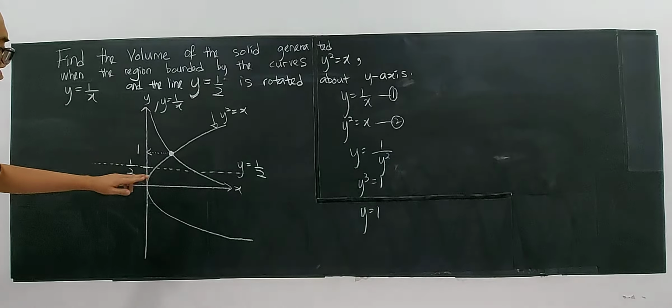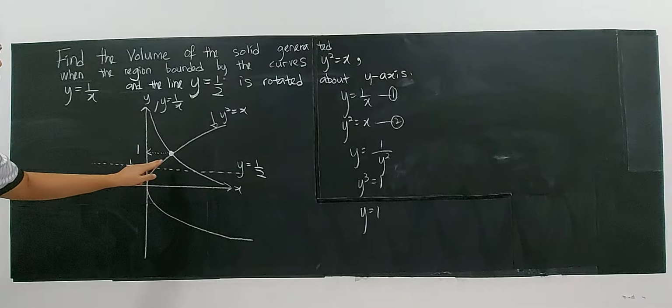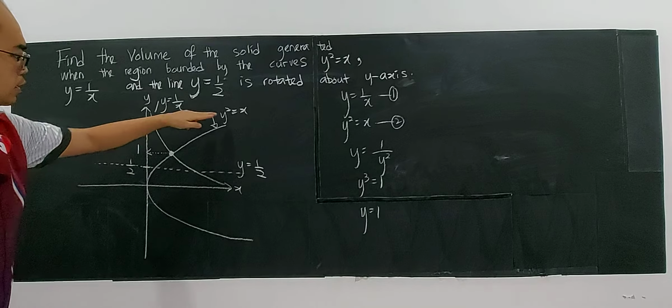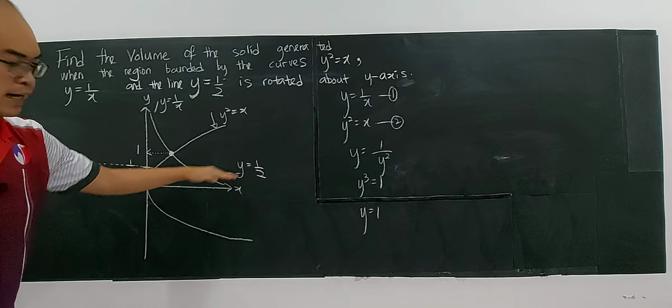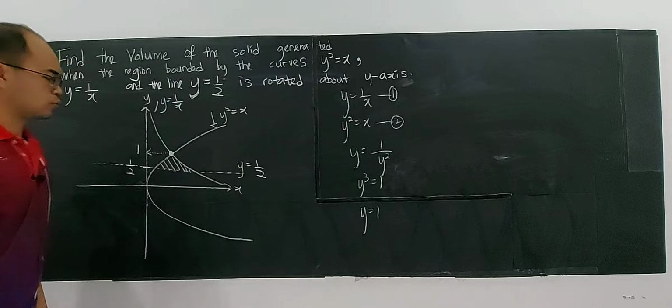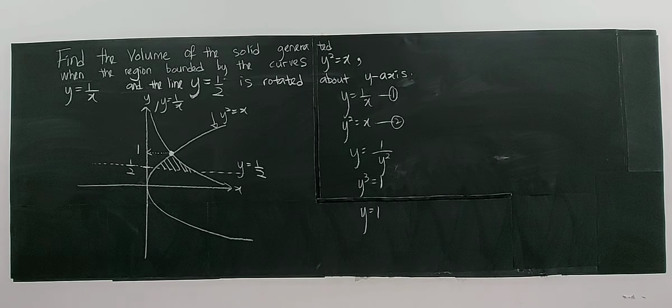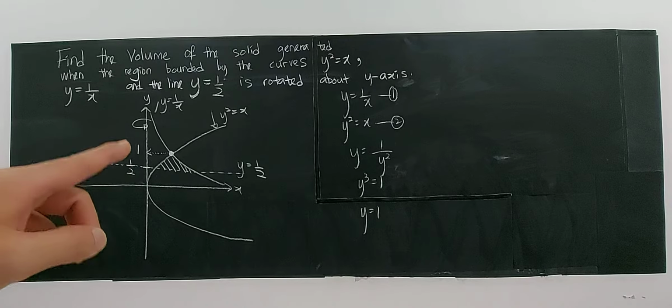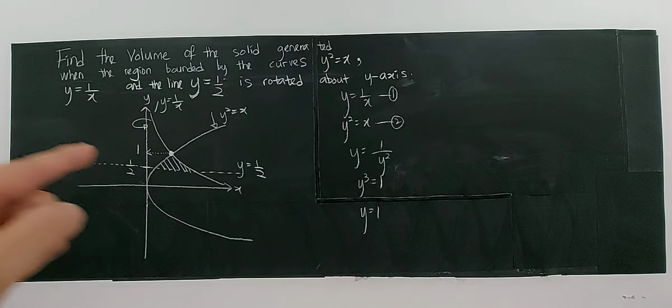Of course, it's this one, because it's bounded by these two curves and this line. So this is the region that we want to evaluate, and this region is rotated about the y-axis.